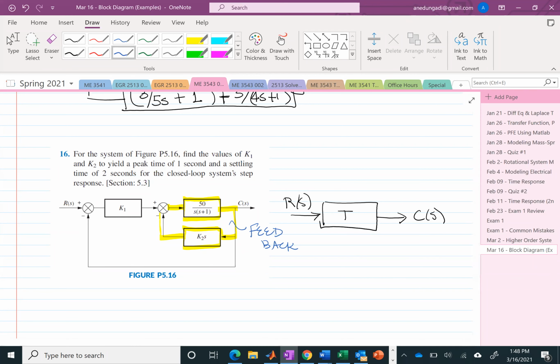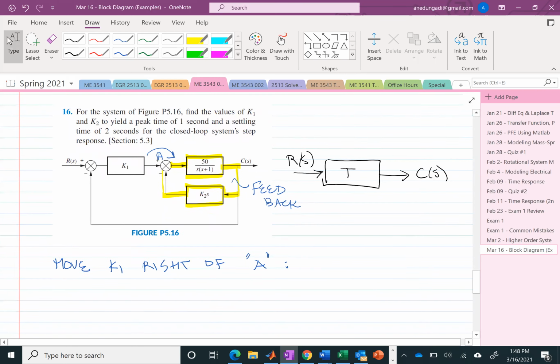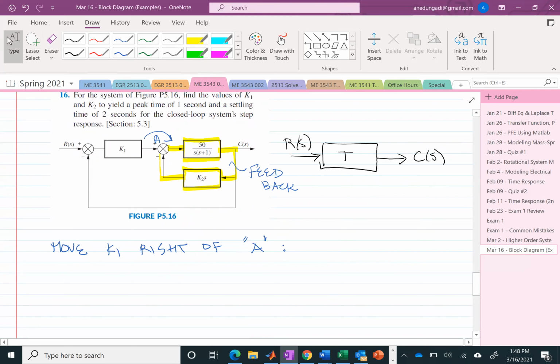But I'm going to do this a little differently. What I'm going to do is move K1 to the right of this summation A. Let's see what happens if I did that.